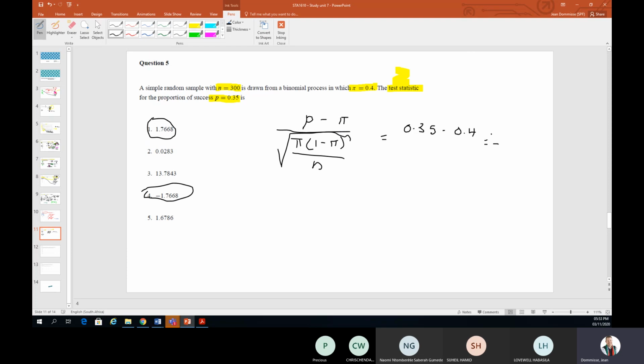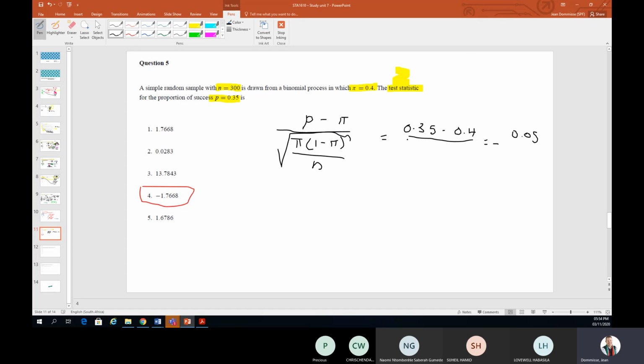So I know my answer is going to be a negative, because it's going to be 0.35 minus that, which is going to be minus 0.05. So without even going further, I would have automatically said that is my answer, because that's the only one that has a negative. But if they have given you another negative, let's work it out quickly.